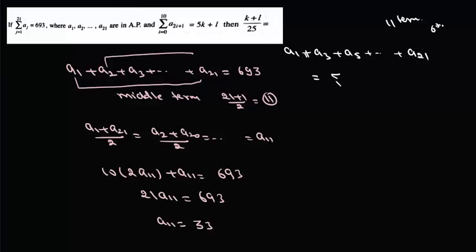So it will be 5 times A1 plus A21 plus A11, and this is 2 times A11, so there will be 11 times A11, and that is 363.